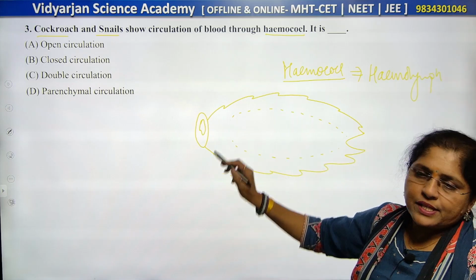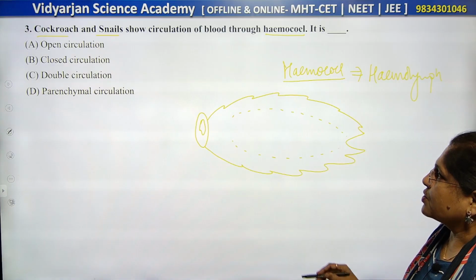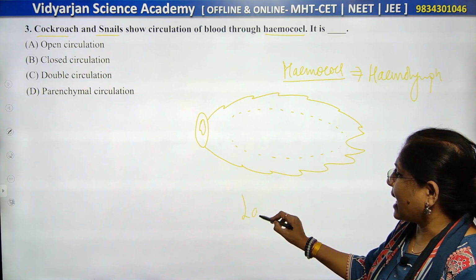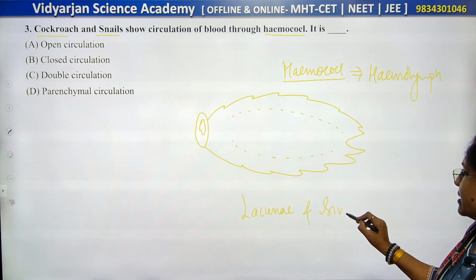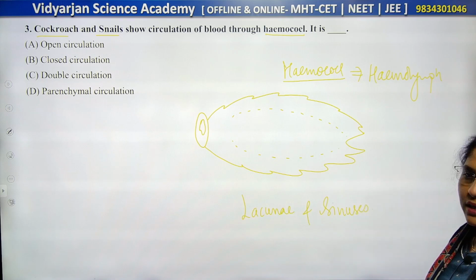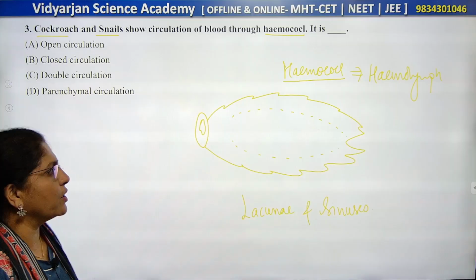So there is no blood vascular system in the cockroach. You have only lacunae and sinuses present in the cockroach body.